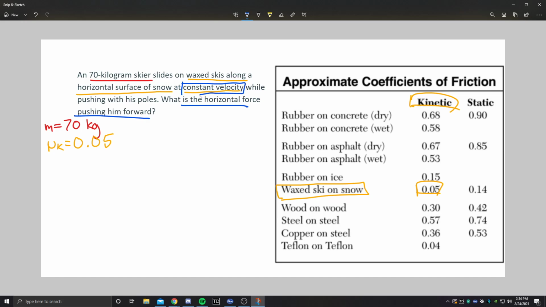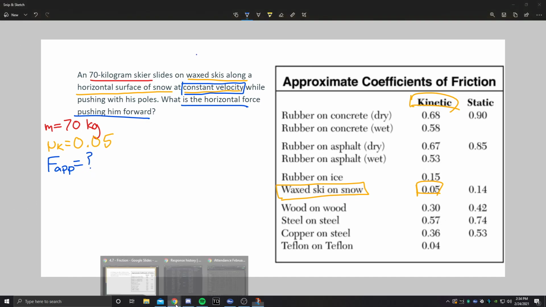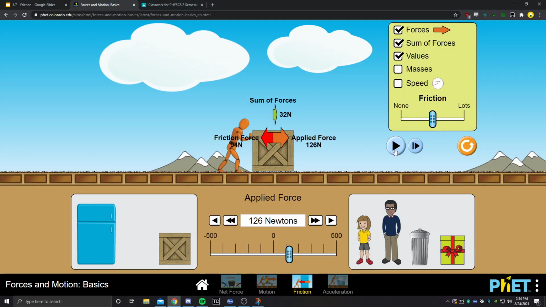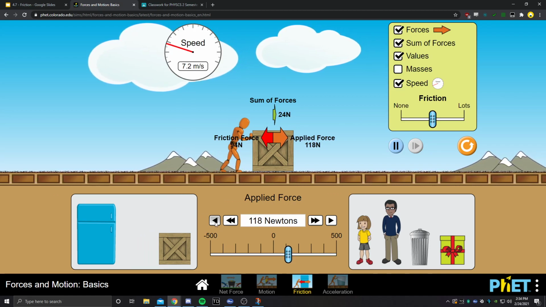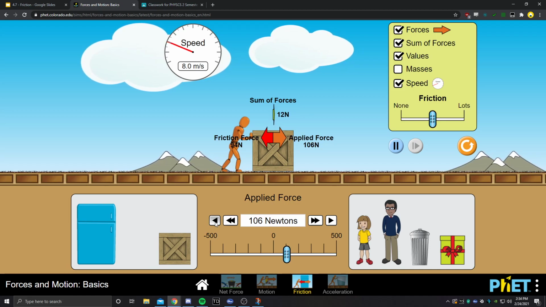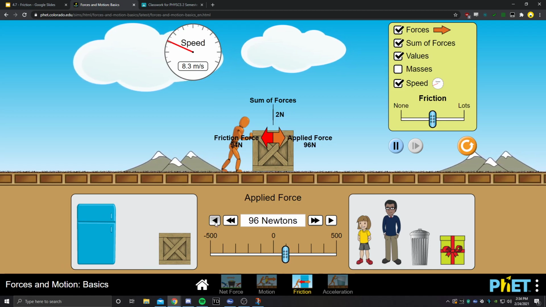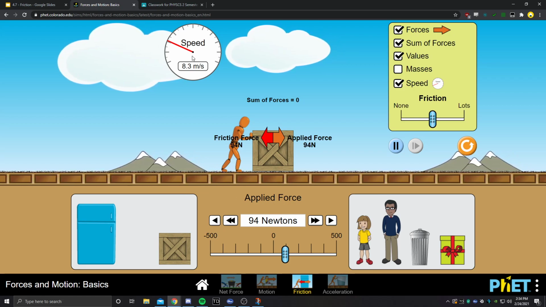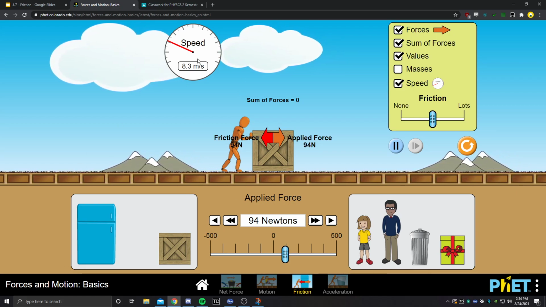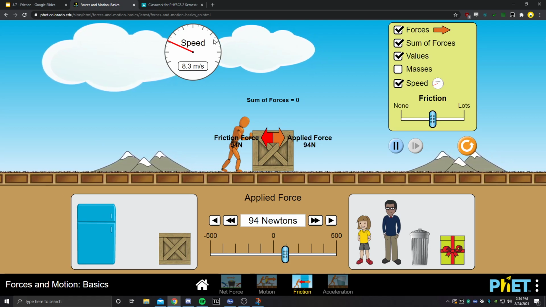So again, what is the horizontal force required to push him forward? Well, if the person is already moving and you want him to travel at a constant velocity, what you actually need to do is make the sum of all forces 0.